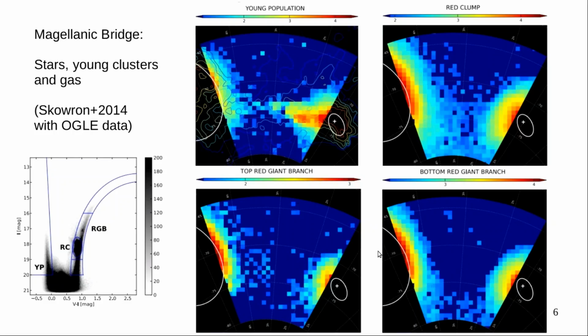In the panels on the right, the LMC is the white ellipse located on the left, and the SMC is the smaller ellipse on the right. Using a CMD mask, they plot the distribution of stars, and in the first panel, the young stars tend to link the SMC and the LMC more than in the remaining panels, where the red giants are more concentrated in both galaxies than in the midway.